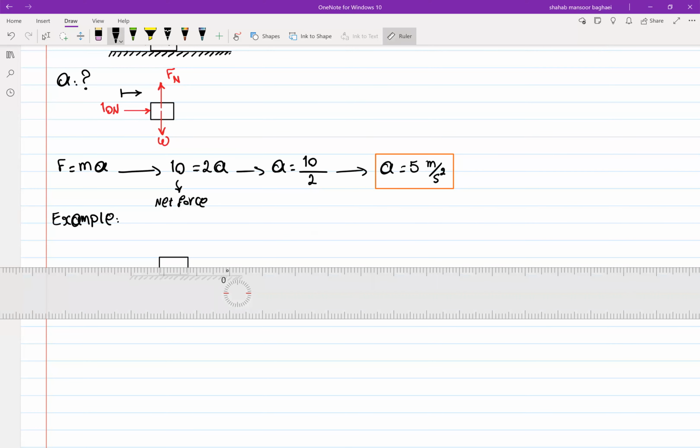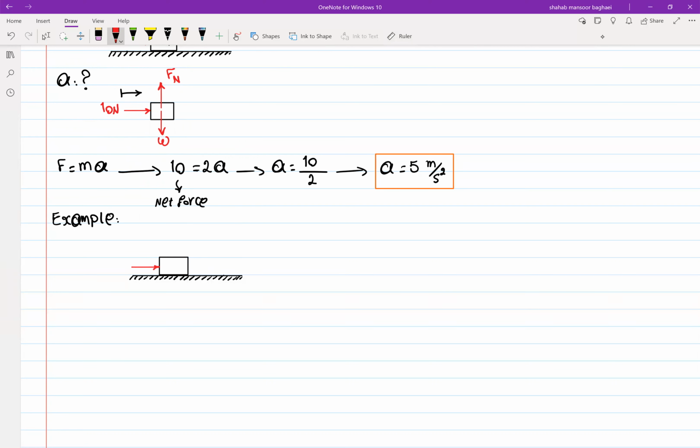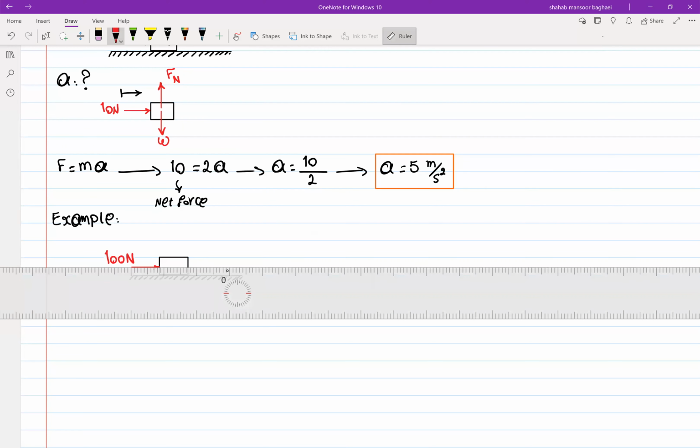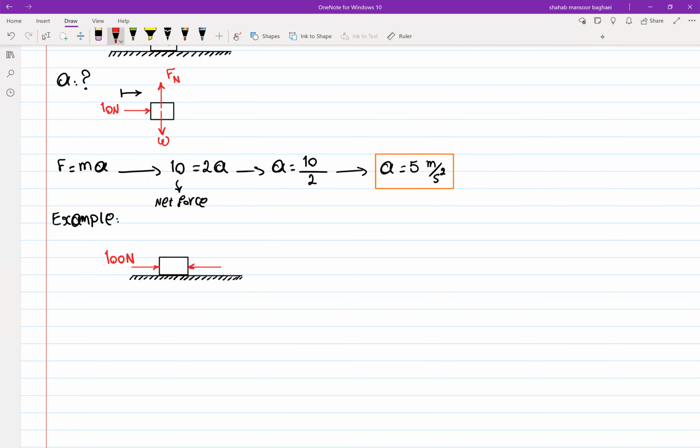First one, it is 100 newtons to the right. Second one is here. That's 25 newtons to the left. It means you have two forces on this block. If the mass of the block is 10 kilograms, what is acceleration of this block?